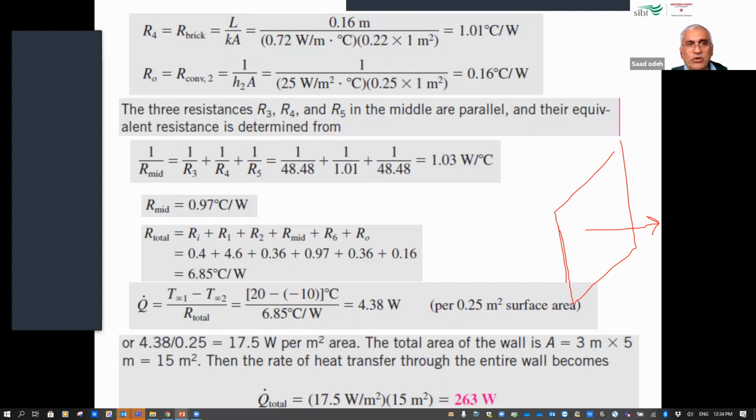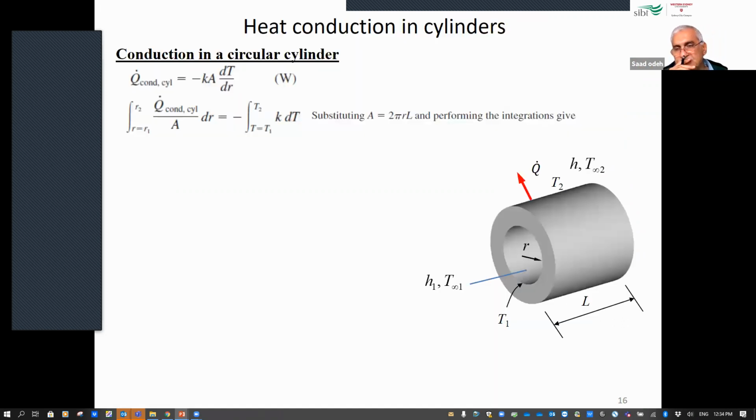Now, not all the cases are flat surfaces. Sometimes we have to deal with circular surfaces. So in circular surfaces, such as this drawing here, this is where we have a different setting of the wall. It's no more flat, it's circular.